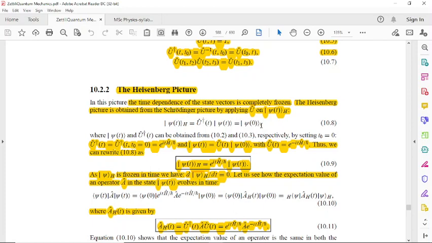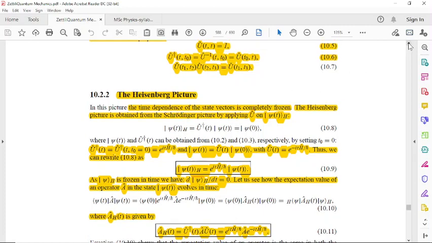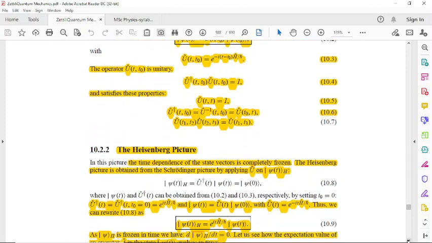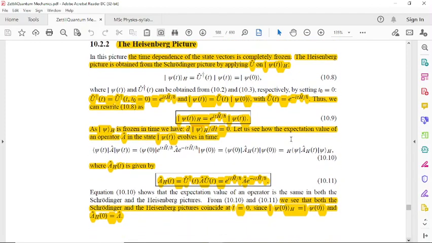Psi of 0 defines the initial state of the system, where psi of t and U dagger of t can be obtained from these operators respectively by setting t0 equal to 0.